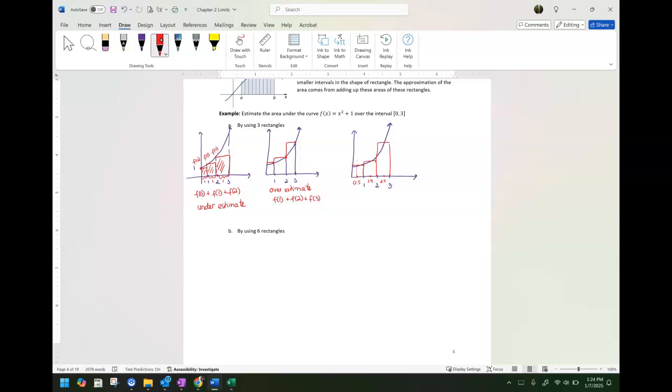I still can estimate the area under the curve, but it looks a little more reasonable, closer. The area is a little closer to the actual area. This method is called using the midpoint.